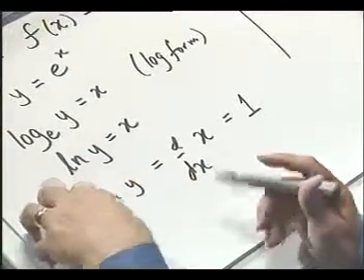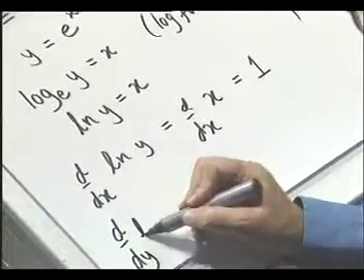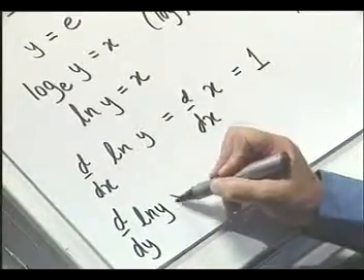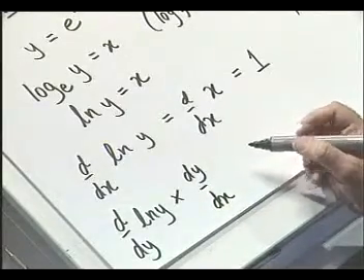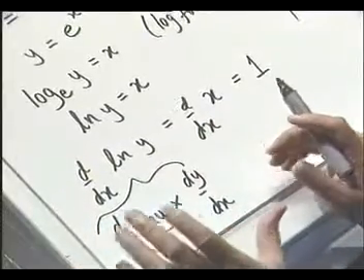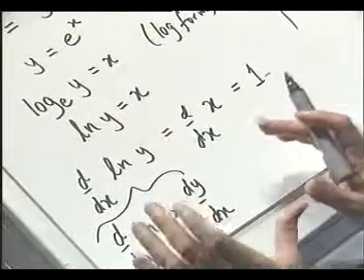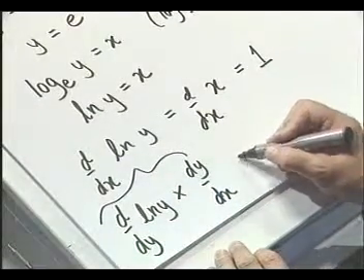The rule says that if you want to differentiate this function of a function with respect to x, you differentiate it with respect to y, and then multiply by dy dx. So that's the function of a function rule applied there. And if you've not met that before, there's a unit on differentiating a function of a function using the chain rule.